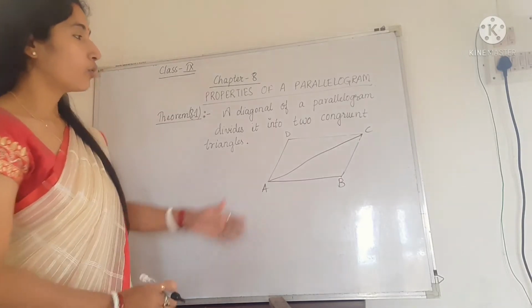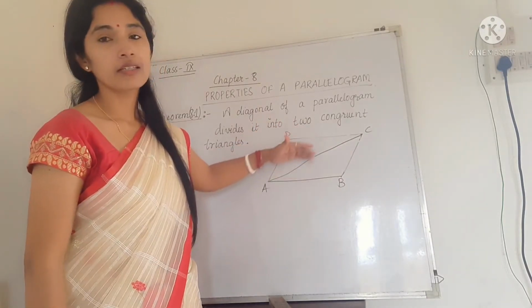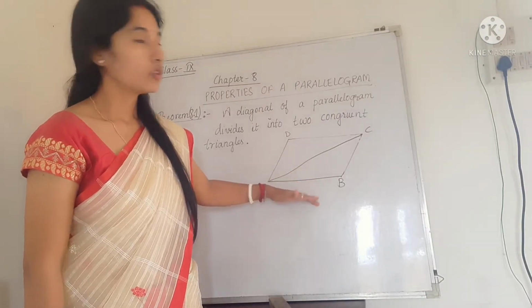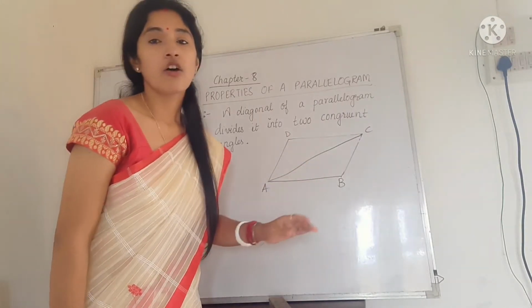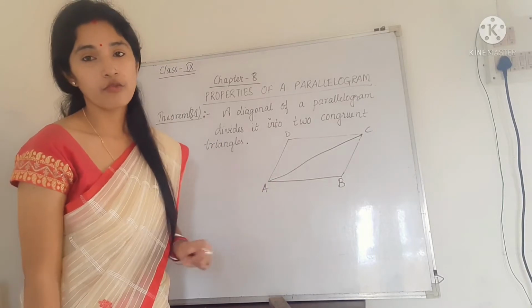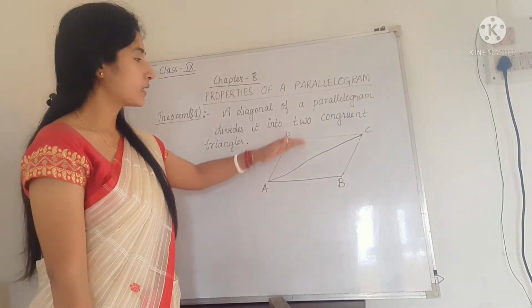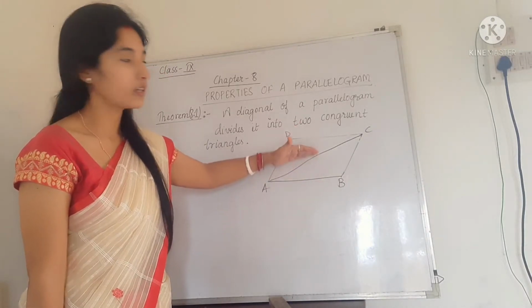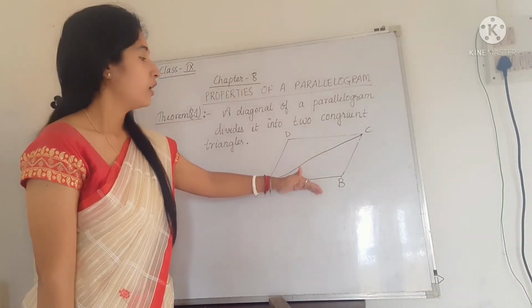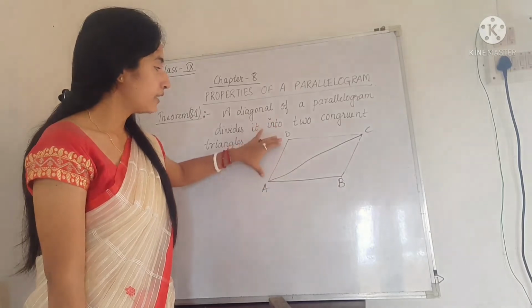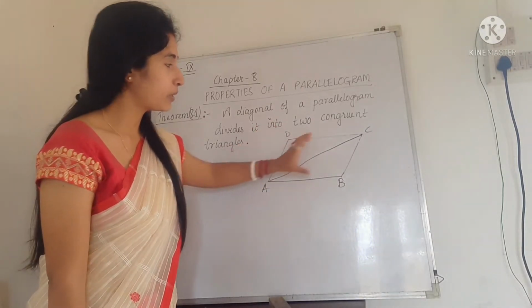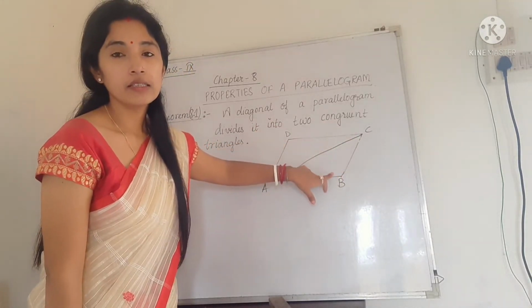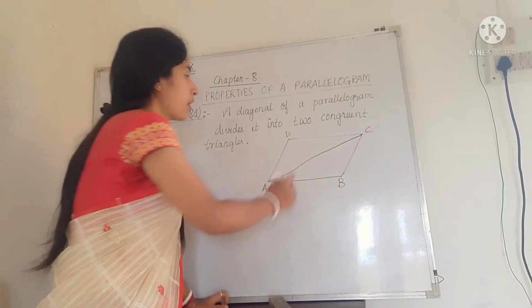We already know that in a parallelogram opposite sides are equal and parallel. There are different criteria for proving the congruency of 2 triangles. Here you can see DC is equal to AB. In these 2 triangles, the opposite sides are equal. Similarly, AD of this triangle will be equal to BC of the second triangle. So I can mark like this.